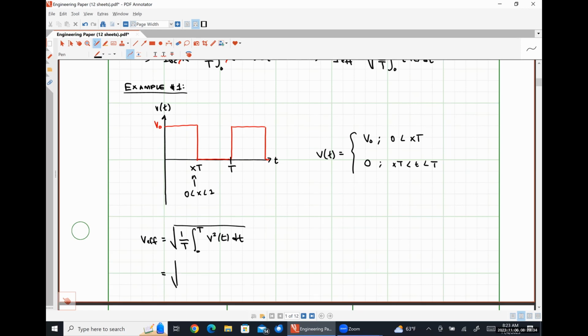So my period is still just labeled as capital T, so I can leave that alone. Because I have a piecewise function, I'm going to integrate over that one full period by breaking that integral up into smaller parts, right?